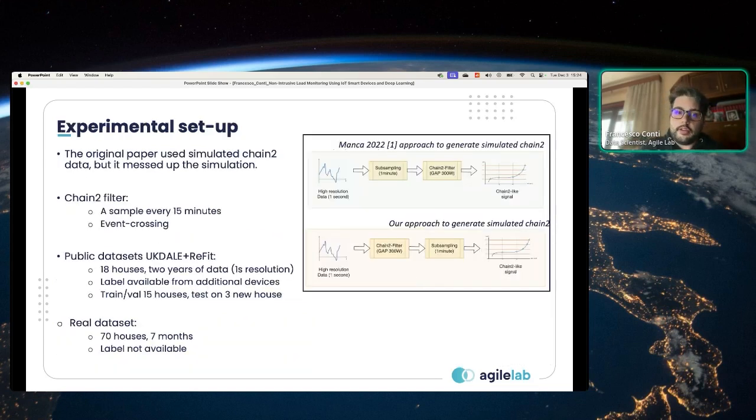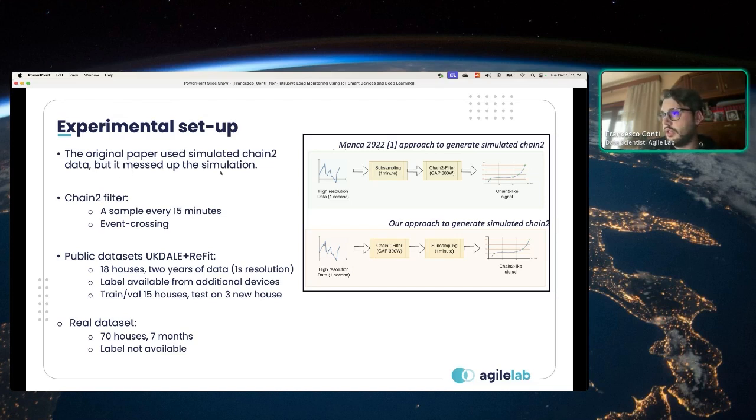But there is a huge problem in this paper because it has a limitation. For their experiment they used simulated chain-2 data, but they messed up the simulation.